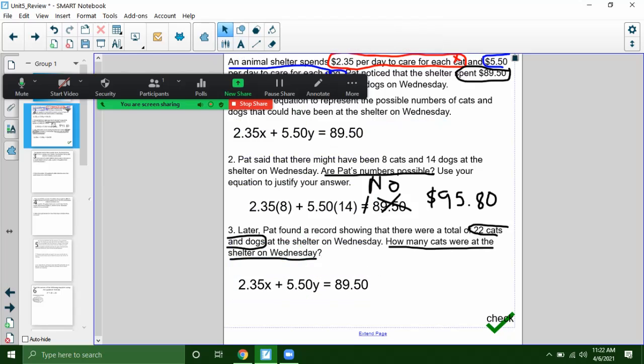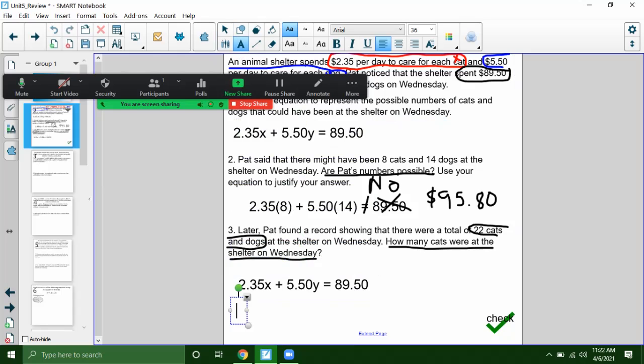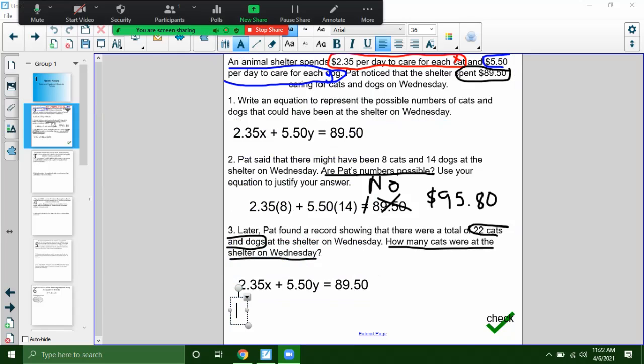But we get a new piece of information that's 22 cats and dogs. So that means the cats, again, what are the cats represented by? In the beginning, we said that the cats will be represented by X. So cats plus the dogs, represented by Y, are equal to 22 because there's 22 in total.